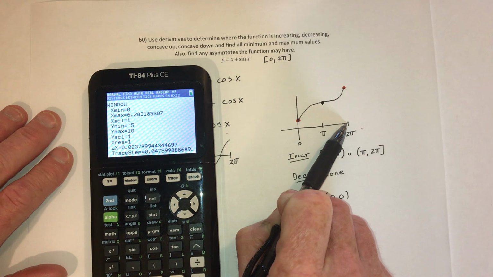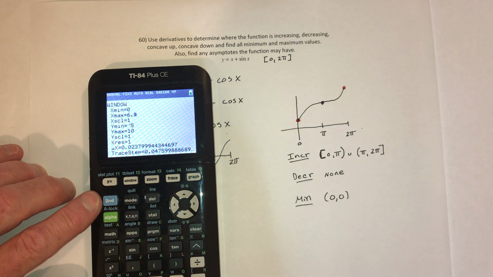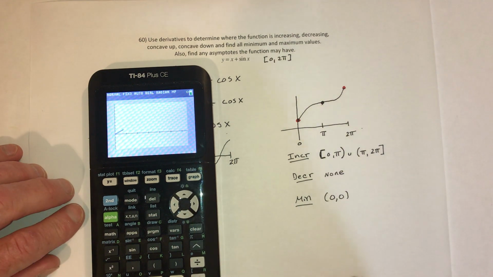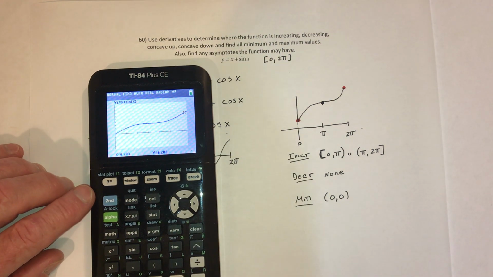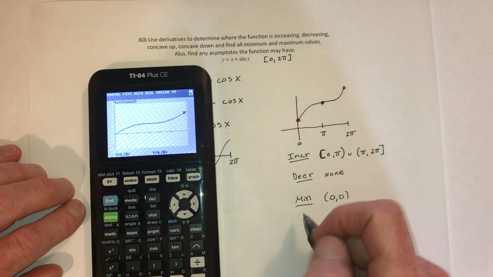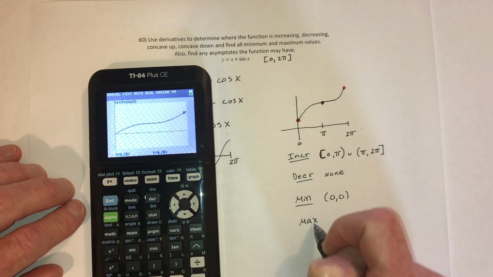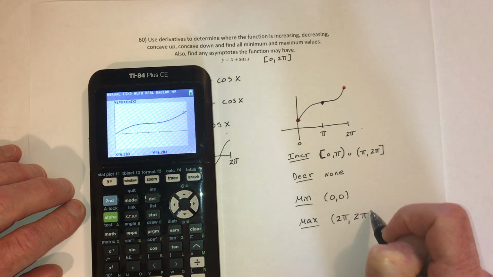And then when I type in 2 pi, it doesn't know what I'm talking about. So what I need to do is just make this a little bit wider, regraph it, and then I'll be able to substitute the 2 pi. Trace, put in 2 pi. So that's actually 2 pi, 2 pi. So the maximum is at 2 pi, 2 pi.